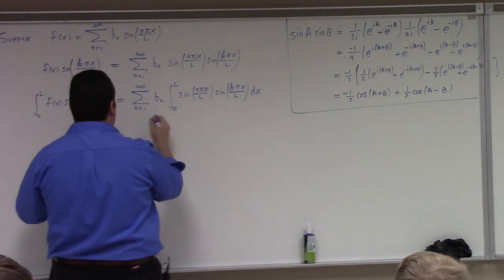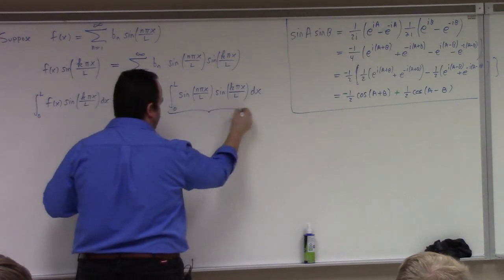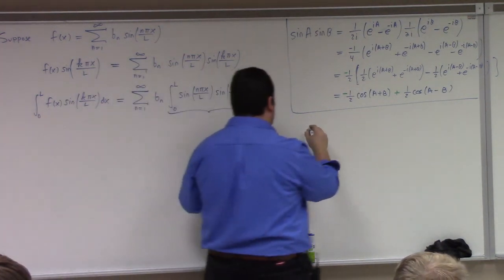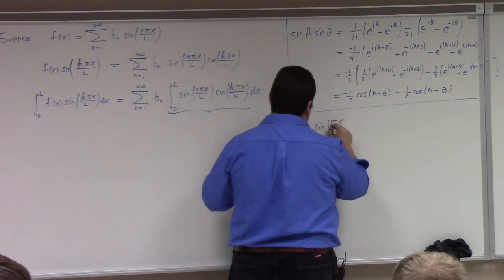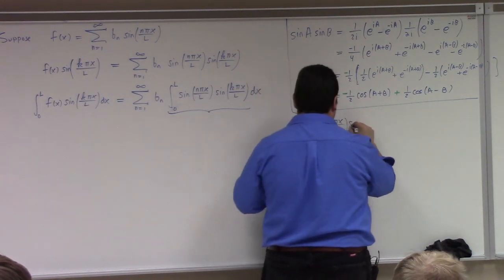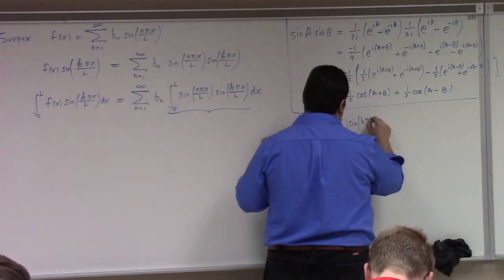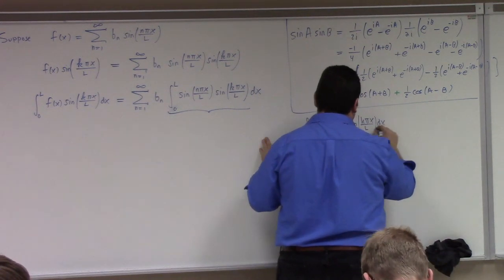So let's just focus on this integral, all right? The integral of sine of n pi x over L times sine of k pi x over L dx from 0 to L is what?